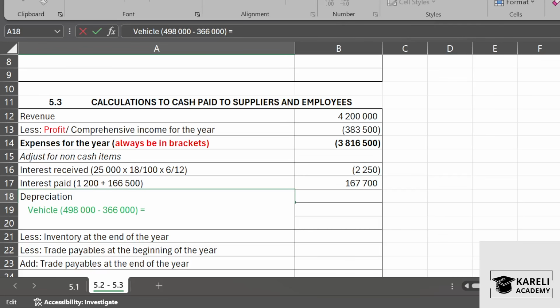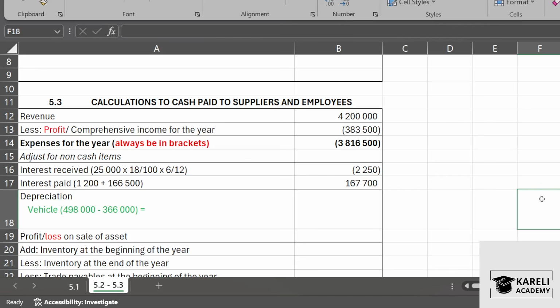How much does it give us? Use your calculator. Okay. 498,000 minus 366,000. It gives us 132,000.